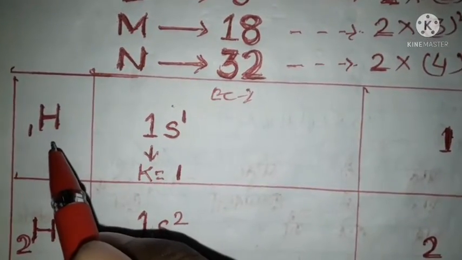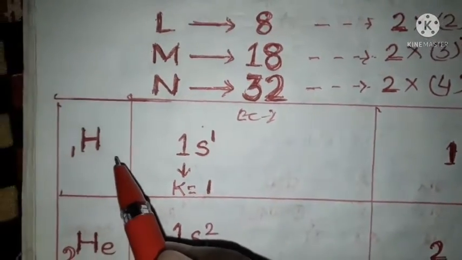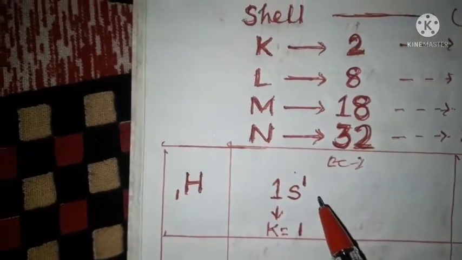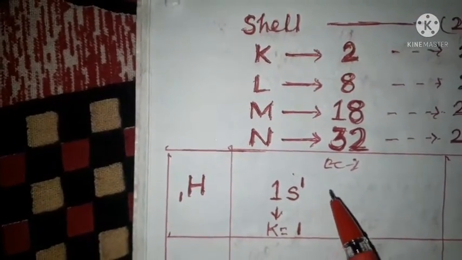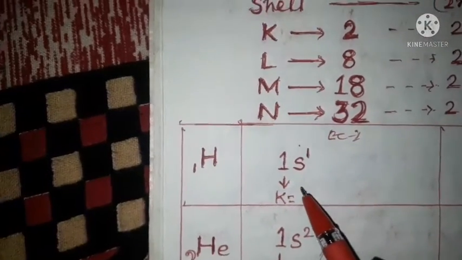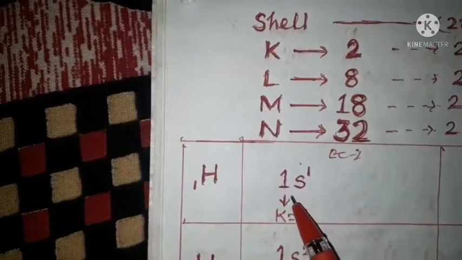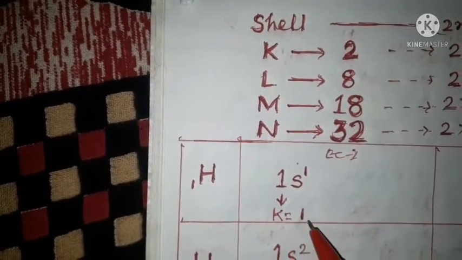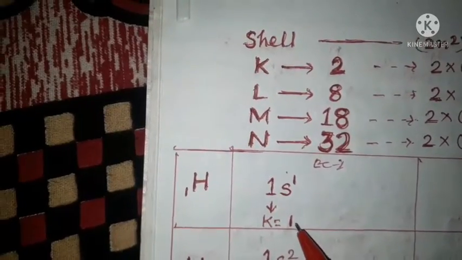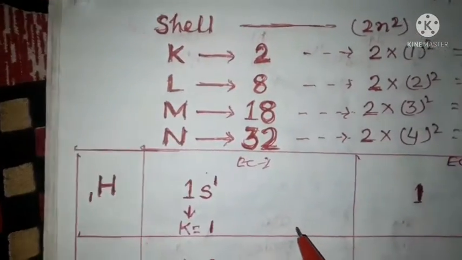In hydrogen, we know that Z of hydrogen is 1, then 1s1. We write this as the first form of electronic configuration. Now 1 means K shell is 1 and electron is 1.